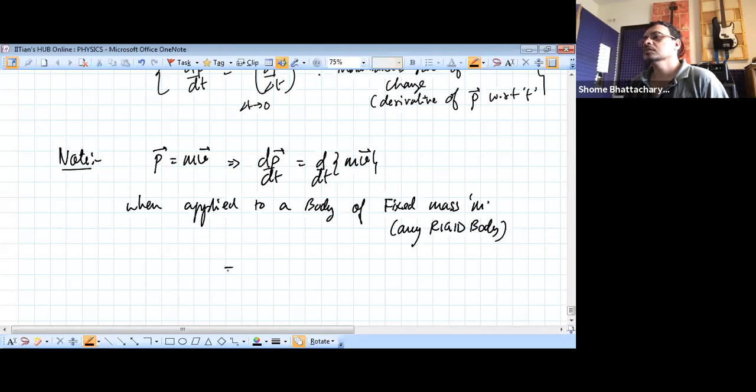then if m is a constant, in differentiation it will come outside.